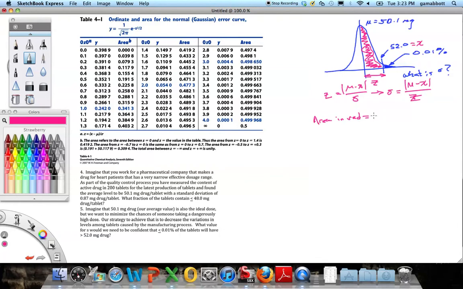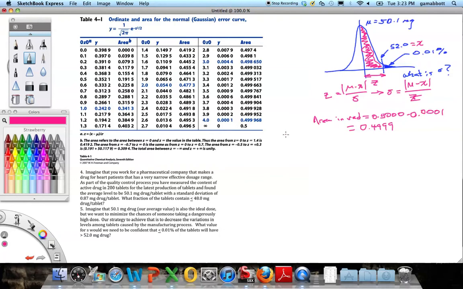The area in red then is 0.5 minus the area in blue, which is 1/100th, the decimal equivalent of 0.01%, or minus 0.0001. So the area in red will have to be 0.4999.